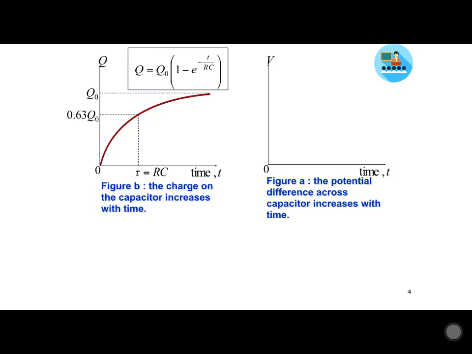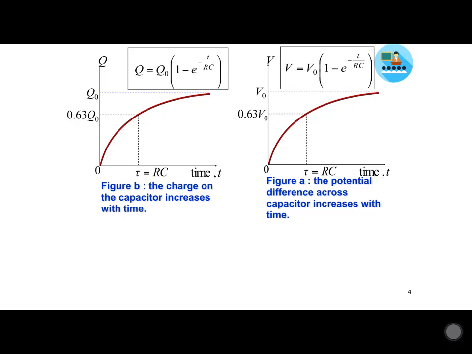And for the potential difference against time graph, it will also increase with time. As the capacitor accumulates all the charges, over time the potential difference will also increase, and so we will have the equation of charging capacitor for potential difference as V equals V0 bracket 1 minus exponential negative t over RC.